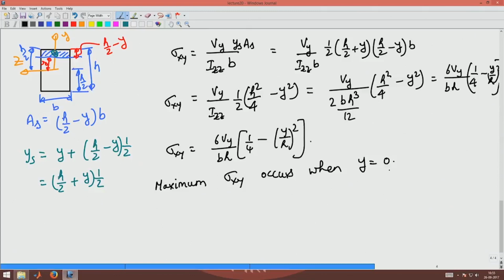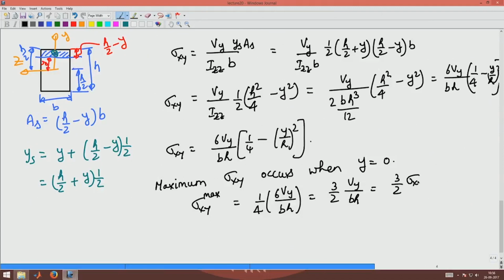This maximum sigma xy is 1 by 4 into 6 Vy by Bh, that is 3 by 2 Vy by Bh, that is 3 by 2 sigma xy average. Vy is the shear force, and Vy by Bh gives you the average shear stress acting on that section.